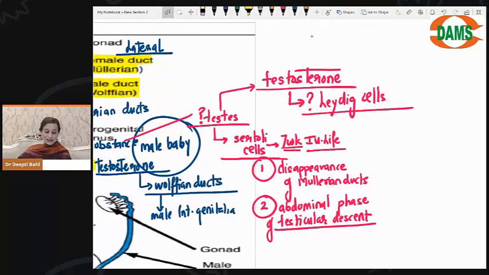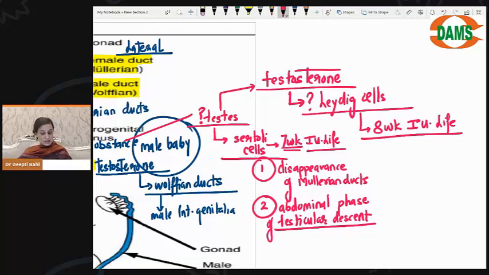Okay, important MCQ number 2. At what POG would the testes start producing testosterone? So this happens by 8 weeks of intrauterine life. Second, what is the testosterone going to do?